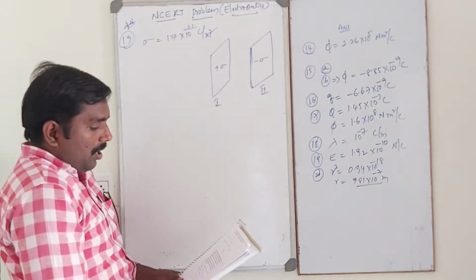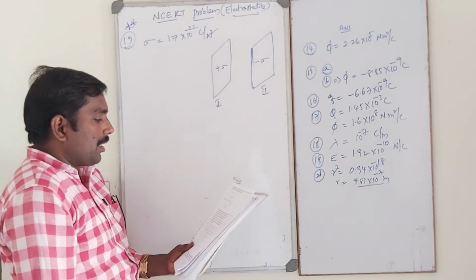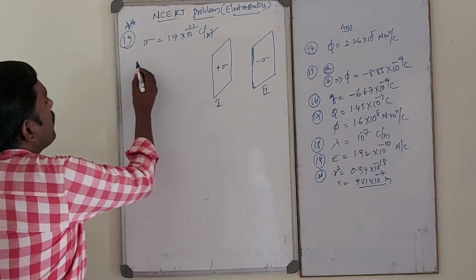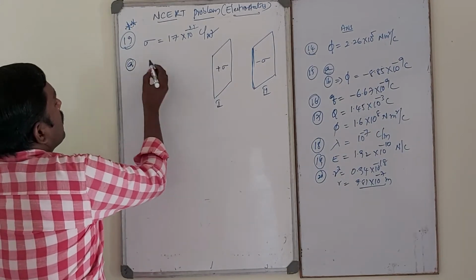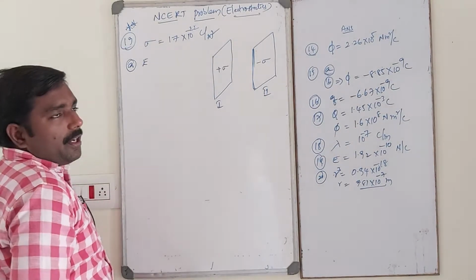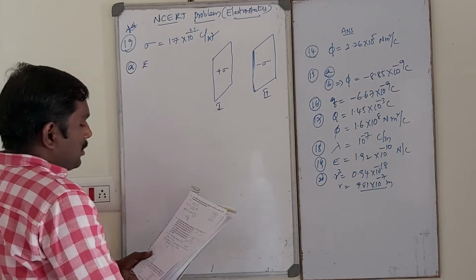On the inner faces, the plates have surface charge densities of opposite sign, magnitude already given. What is the electric field in the outer region of the first plate?